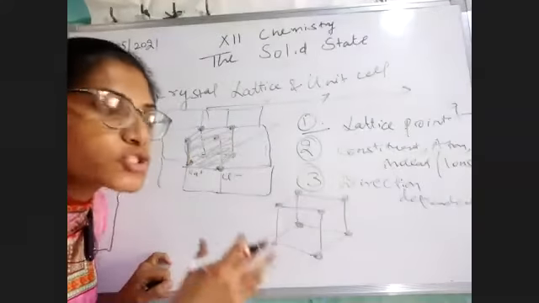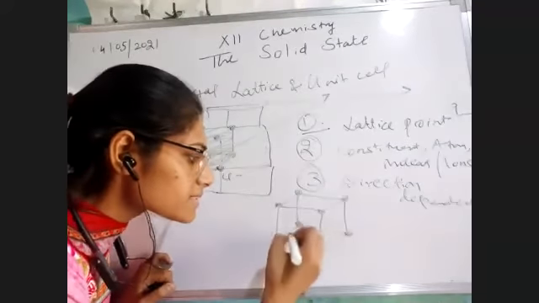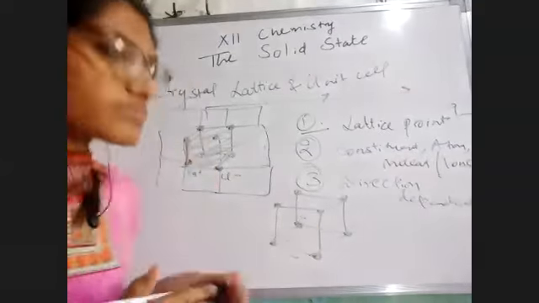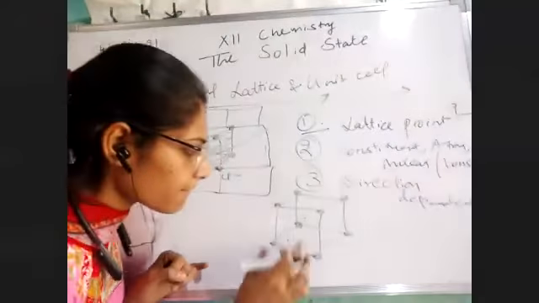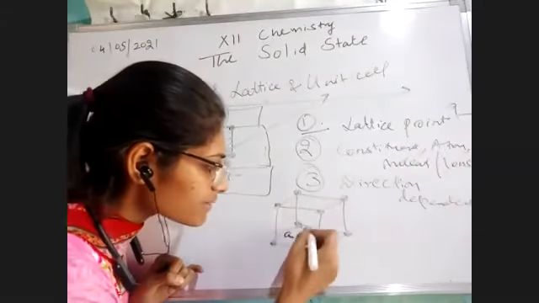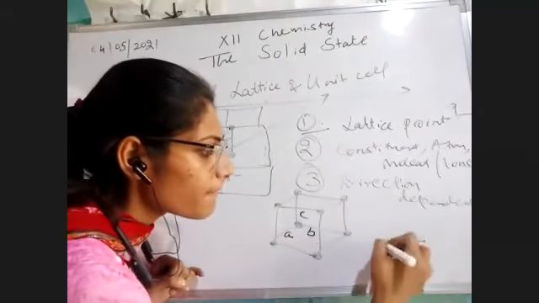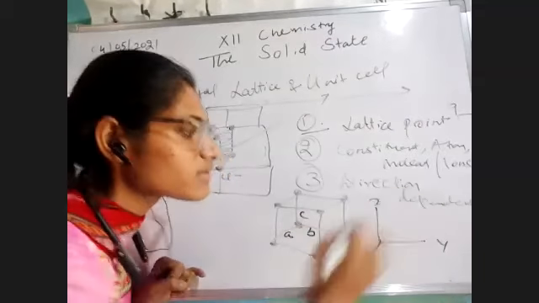Secondly, suppose this is A, this is B, this is C. It's like three-dimensional X, Y, Z. So this is A direction, this is B, this is C. This is the node direction, this is the complete length, also known as edge length. Edge lengths A, B, C.